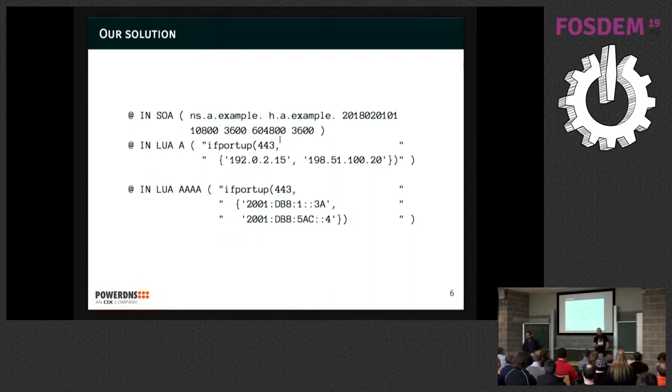So if this server would get a query for, for example, a.example, which we assume is the zone, it will execute this bit of Lua, which says if port up 443, so the HTTP port on one of these two IP addresses, it will return the address that is up, and if both are up, a random address is returned, or you can have an extra option that will select which one should be returned. And the same goes for AAAA.